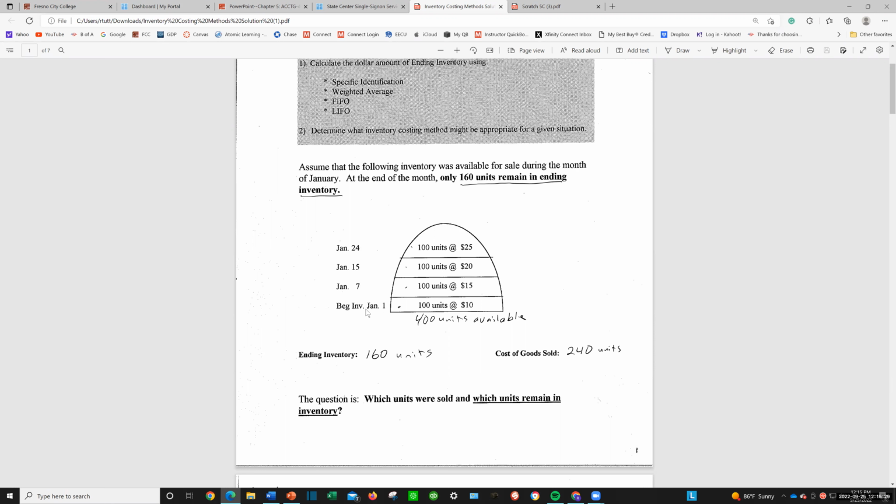We started out with beginning inventory of 100 units at $10. On January 7, we purchased 100 units at 15. Then on January 15, we bought 100 units at 20. And on January 24, we bought 100 units at 25.